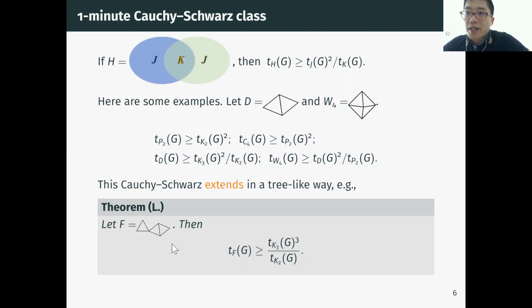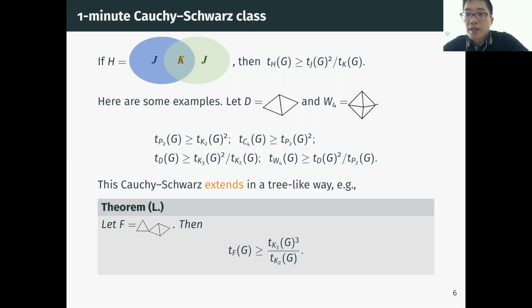Then my graph is lower bounded by the triangle squared over the edge density, because I basically glued three triangles. Here are three triangles along an edge and a vertex. The vertex count is always 1, so I just omitted that count, and this is an inequality.